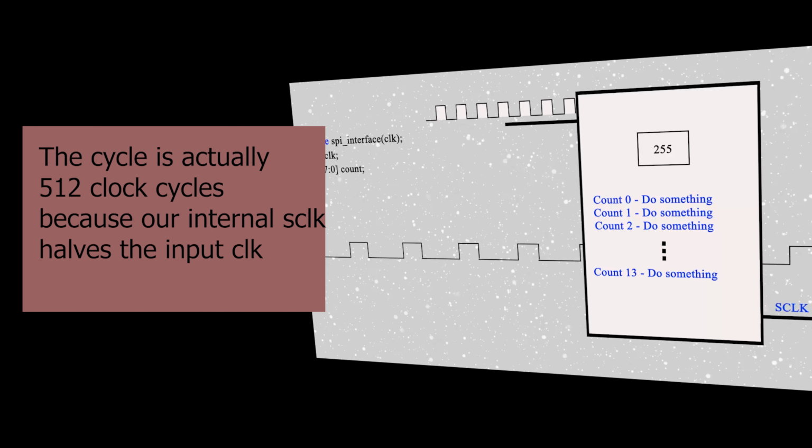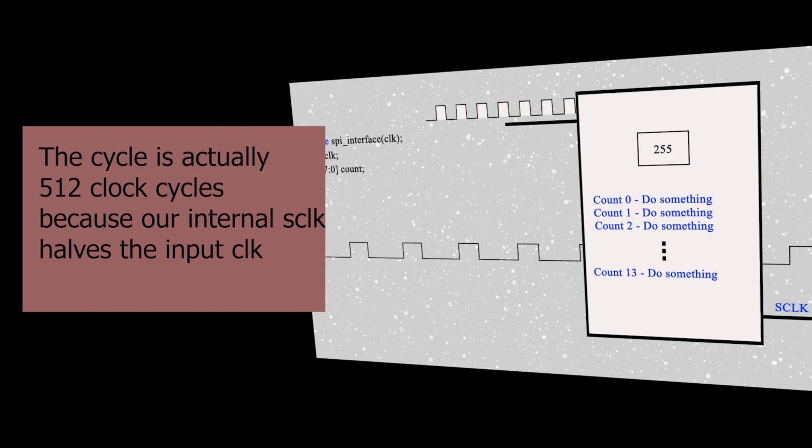If convert is equal to 1, then make S clock alternate on each positive edge of input clock. So while convert is equal to 1, S clock will look like a clock. We just need to make sure that convert is changing for 12 clock cycles, and then the S clock will switch on and off as desired.